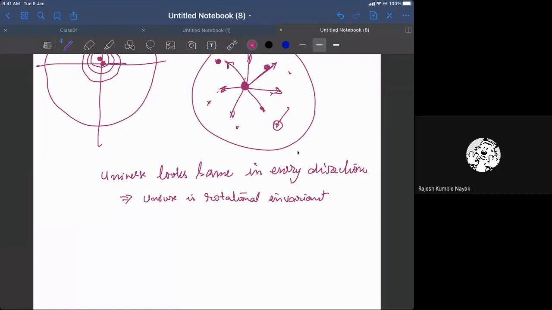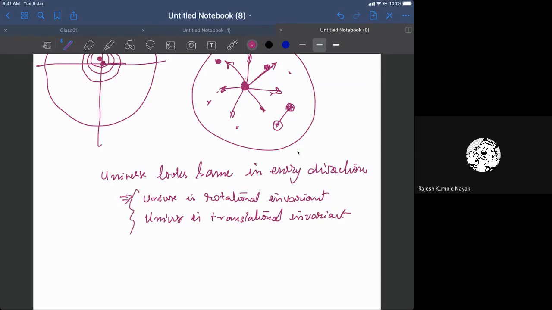The second point, as per the Copernican principle, is that you can stay at one point in the universe and move to another point. You are not happy with your Earth, you go to another place and start watching. It does not make any difference. So you can easily go from one place to another place in the universe and settle there without knowing where exactly you are. That means the universe is translational invariant at each point.